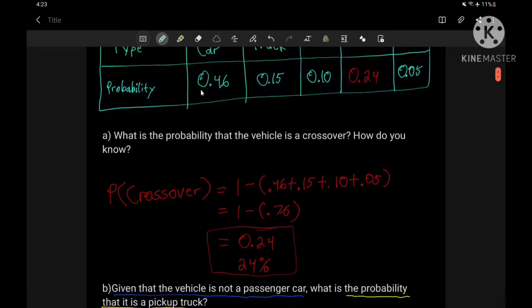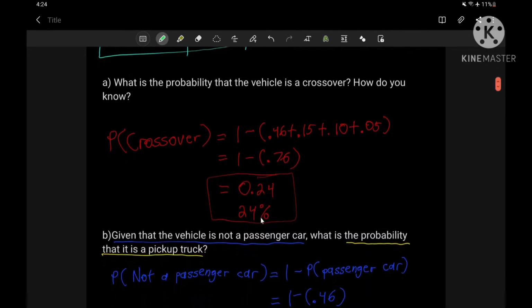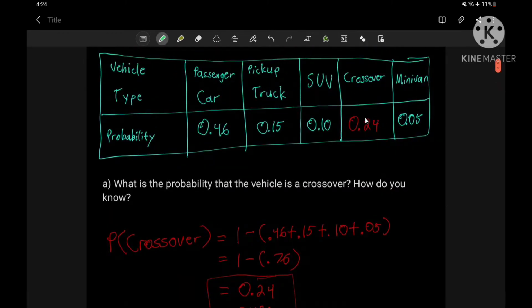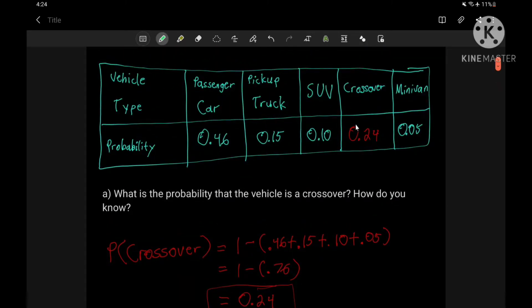All these numbers in the blue-greenish color are in the parentheses, and when I add them up, it's 0.76. When I subtract, it equals 0.24 or 24%. And that's how I got the answer in this chart right here in red.